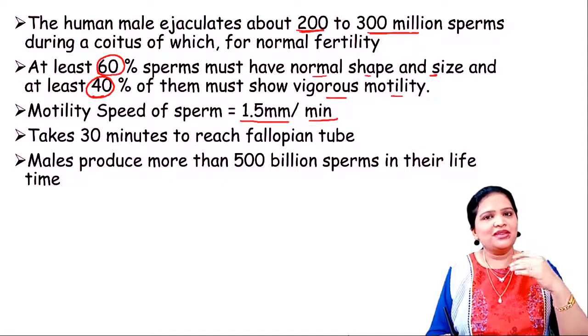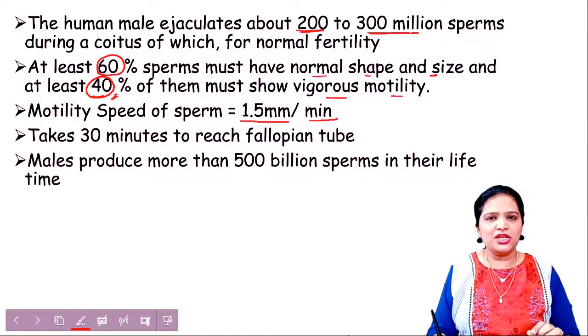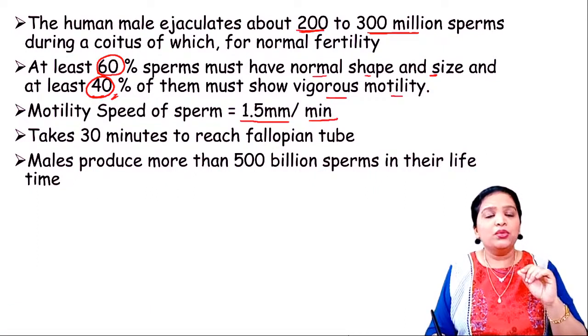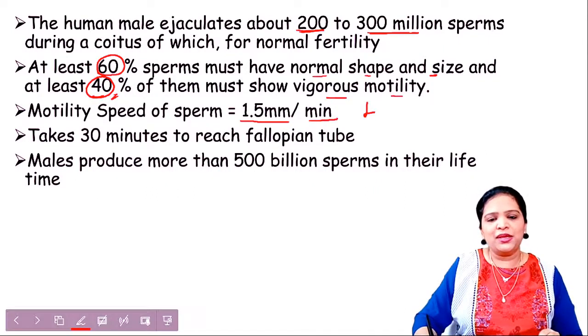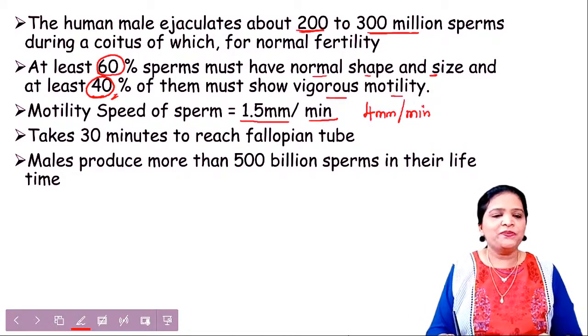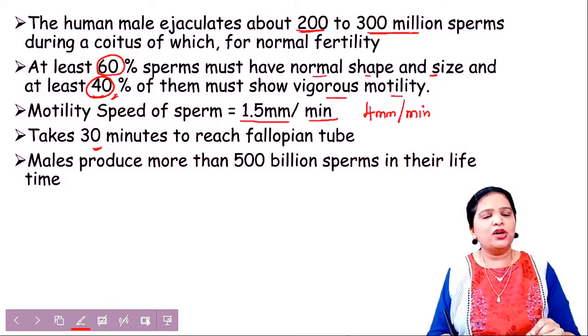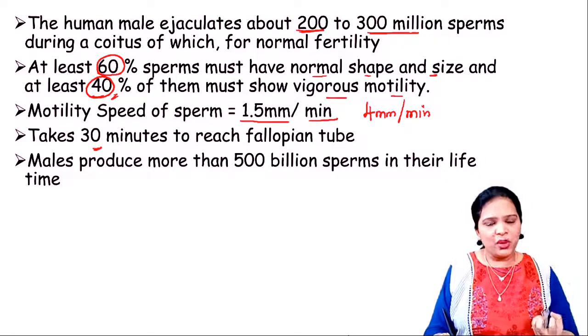But in one single ejaculation, almost 40% of the sperm move vigorously. That means they move at a maximum speed of 4 millimeter per minute. Very fast movement.